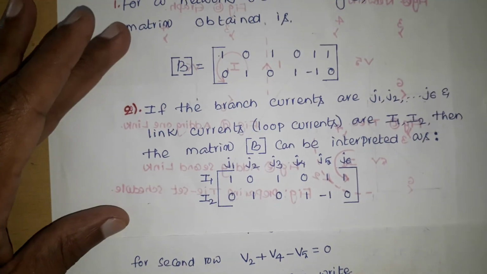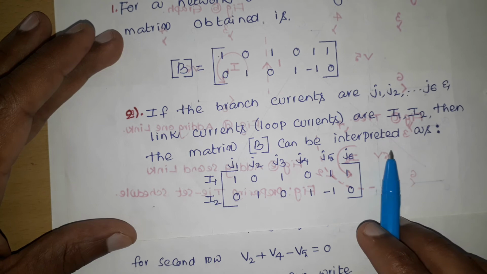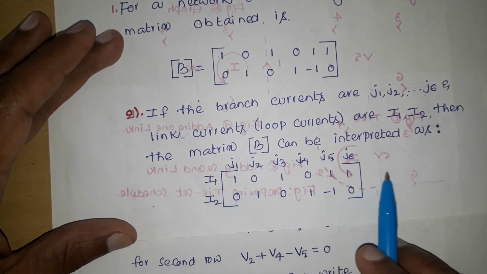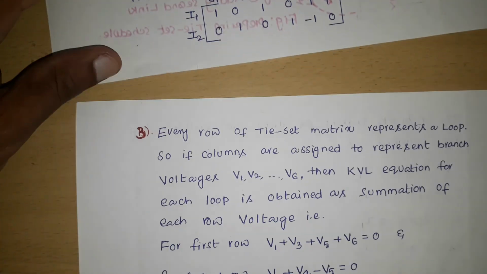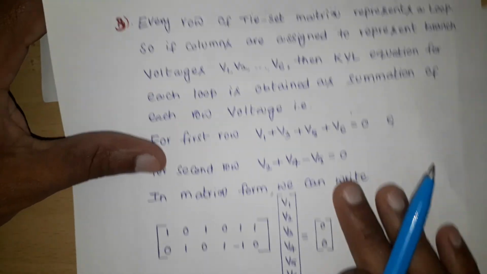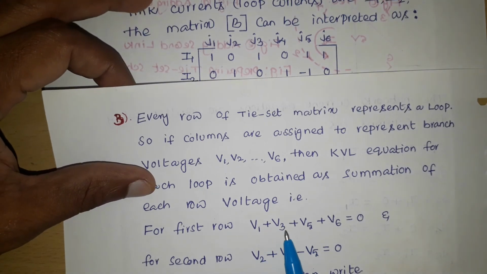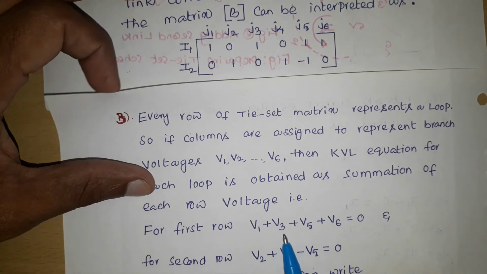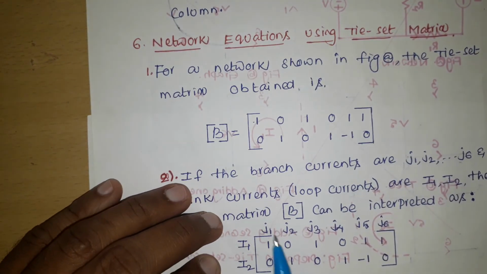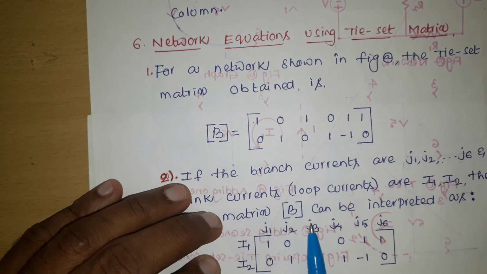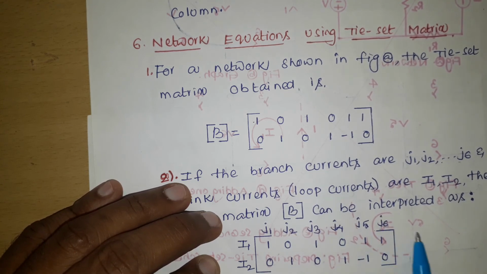The second advantage is that if you write this in terms of branch voltages, we can write the KVL equation. For the first row: 1 into V1 plus 0 into V2 plus 1 into V3 plus 0 into V4 plus 1 into V5 plus 1 into V6 equal to 0.